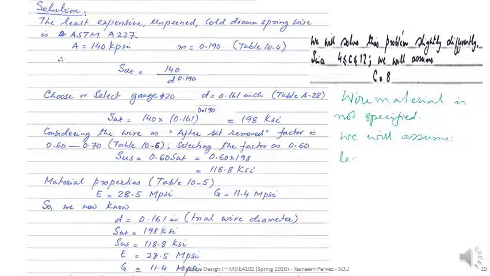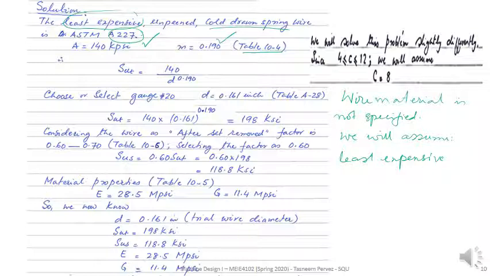The least expensive. So we took the least expensive cold drawn spring wire, which is A227. We go to the table 10.4. We found A is this, m is this.